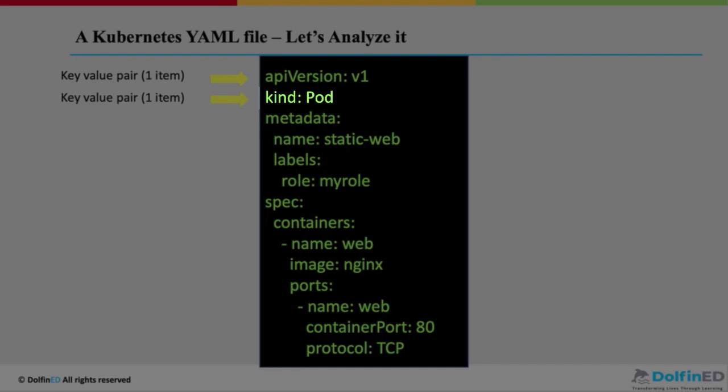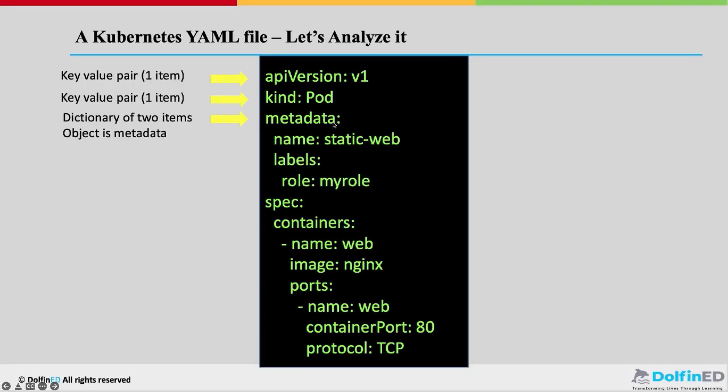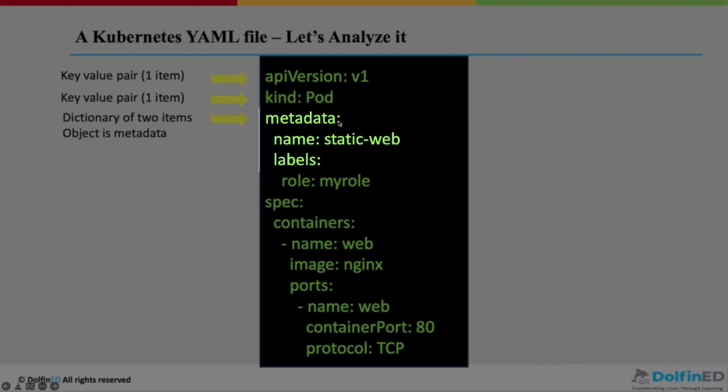A key value pair where the key is kind, all lowercase, and the value is Pod, with an uppercase P. Again, who states that this has to be uppercase? That is Kubernetes. Then we have a third key that is metadata. So all of these are equal from a scoping perspective. They are all siblings.